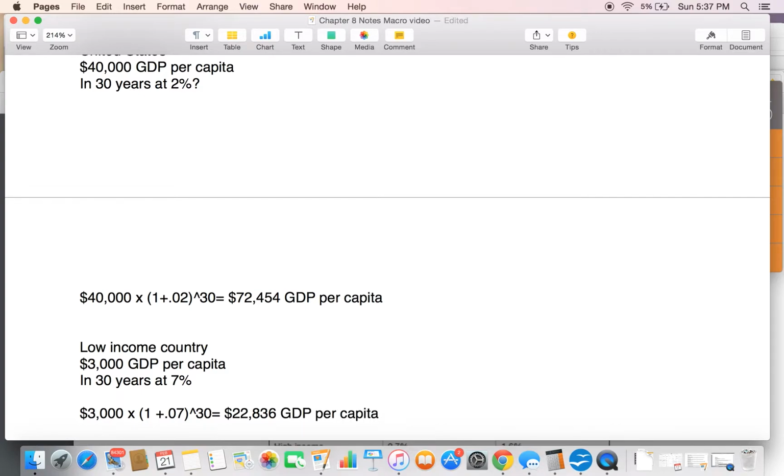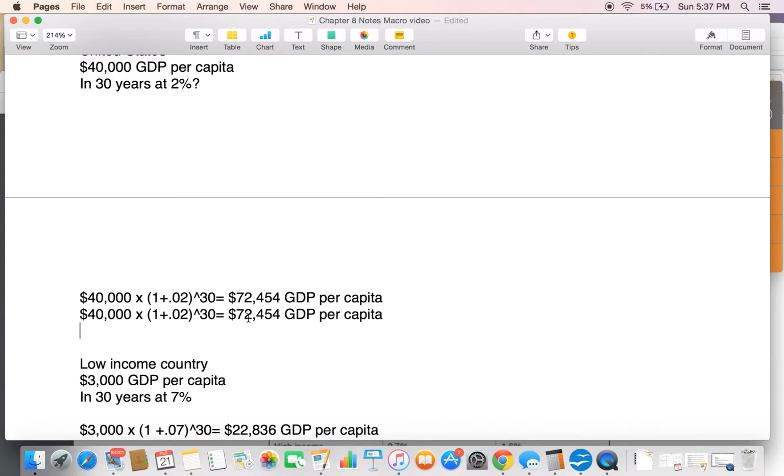In the developing country, even though their annual growth rate is more than 3 times that of the developed country, in 30 years, they are still not going to have the same amount of GDP per capita as the developed country. And therefore, it's just going to take a lot of time.